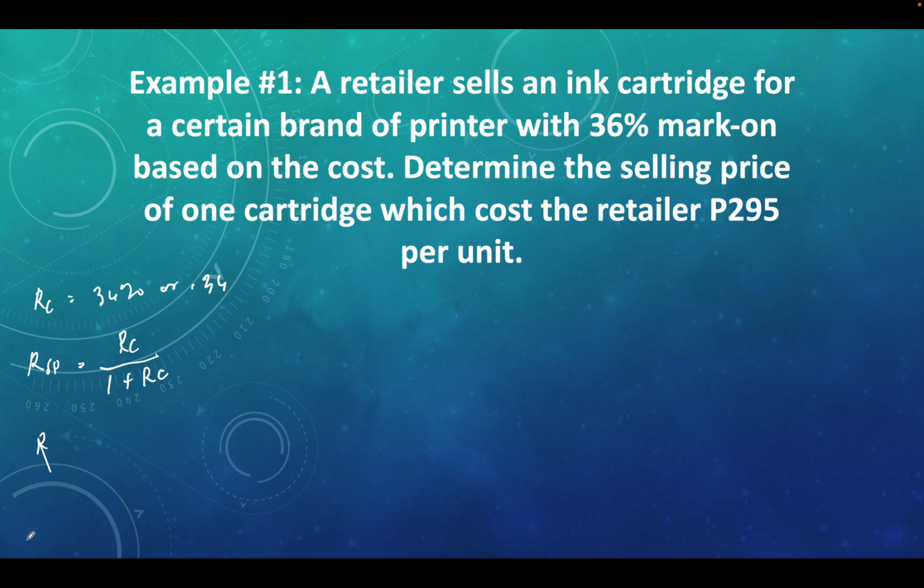Rate based on selling price is equals the RC natin. We have 0.36 all over 1 plus yung RC, rate based on cost, is 0.36. So, add lang muna natin yon.